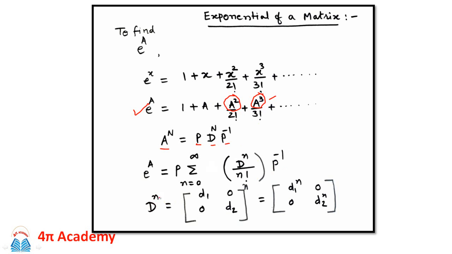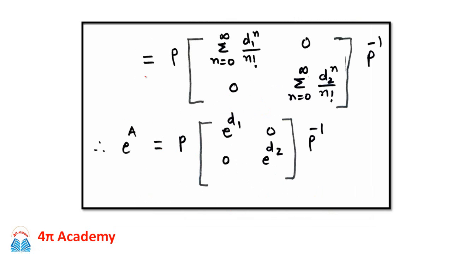So this D raised to power n will be equal to, since D is the matrix of diagonal elements, d1 0 0 d2, and this should be raised to power n, so it will be d1 raised to n 0 0 d2 raised to n. So that it will be equal to P into matrix. This is summation over n is equal to 0 to infinity. This will be d1 raised to n upon n factorial 0 0 summation over n is equal to 0 to infinity d2 raised to n upon n factorial into P inverse.